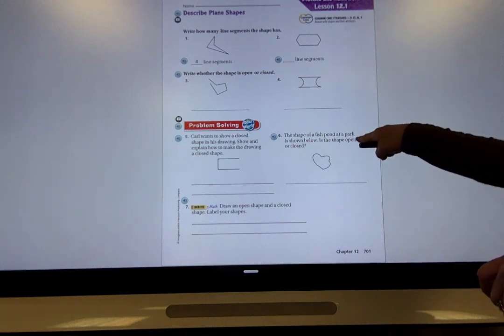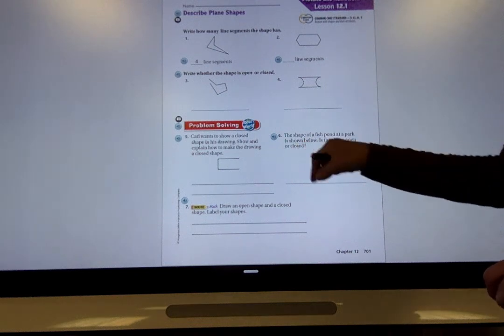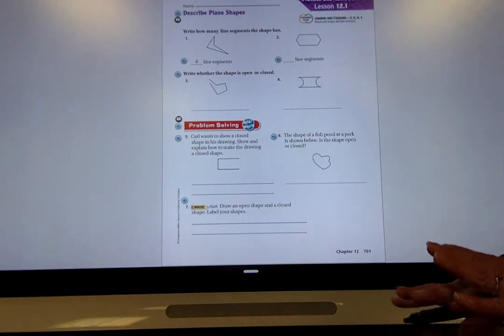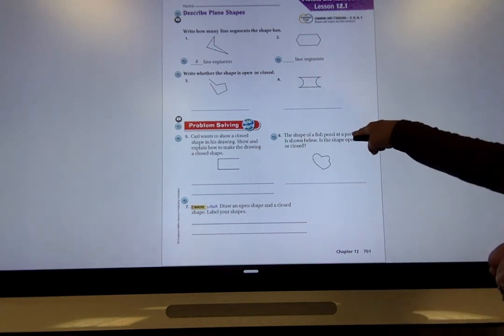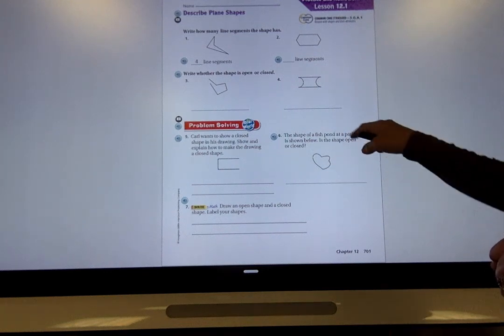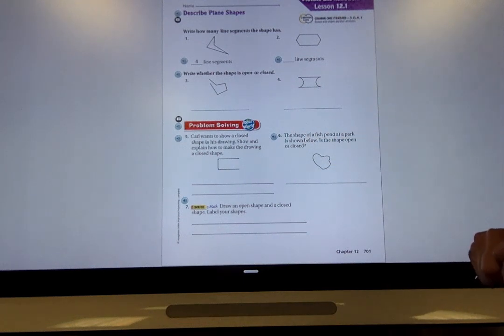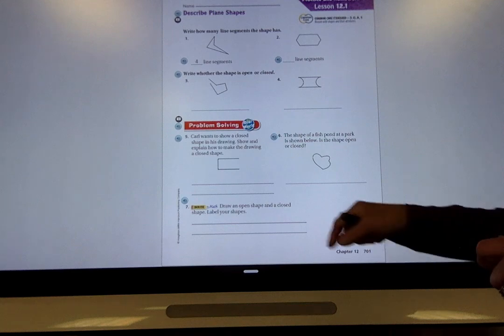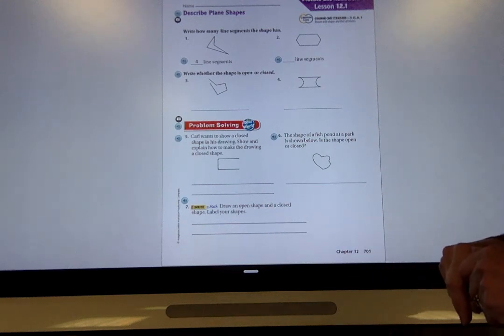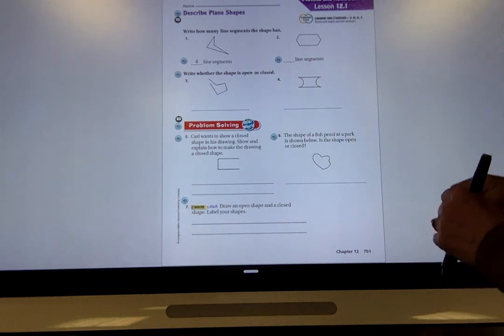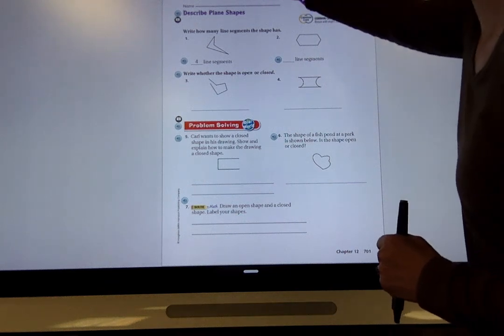Is the shape open or closed? That is not a yes or no. Is it open? Write open. If it's closed, write closed. Number 7 says, draw an open shape and a closed shape and label them. I think you can do that. That's pretty easy. Now we're going to go on to the next page, 702.